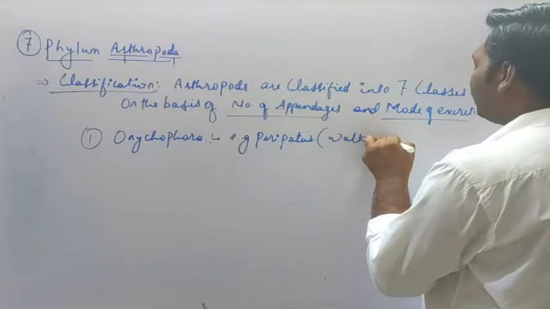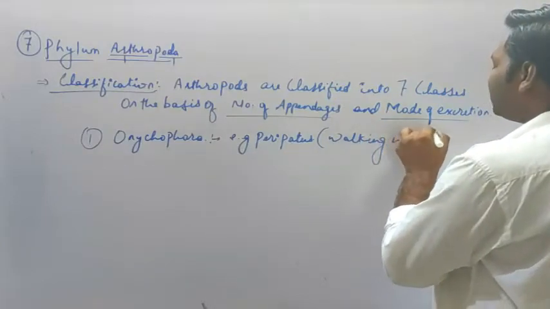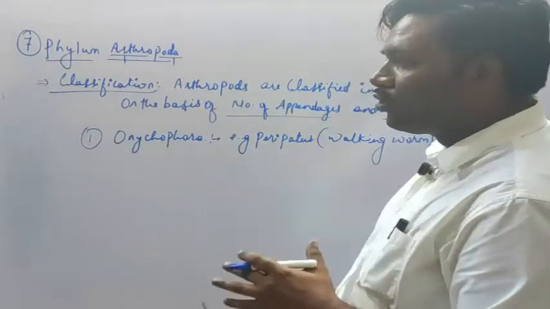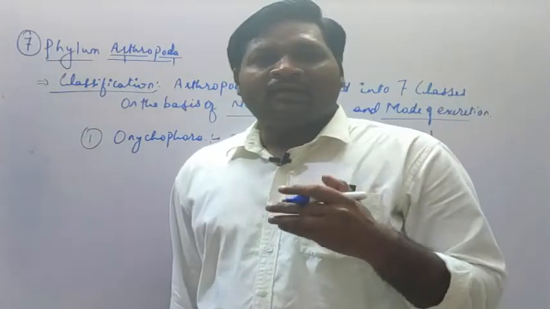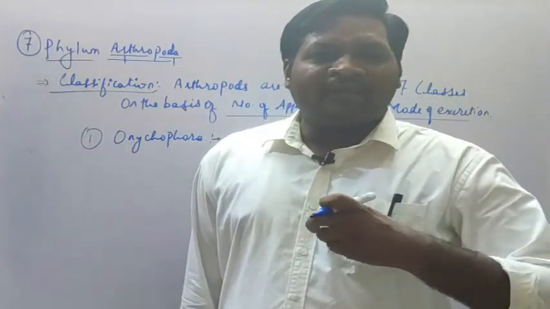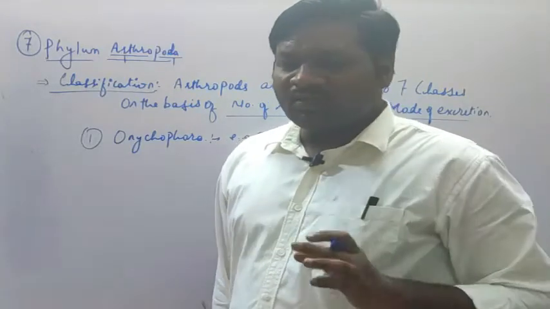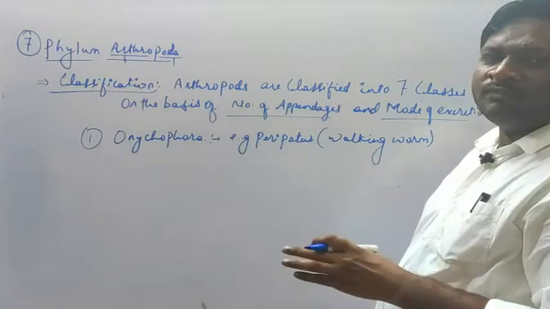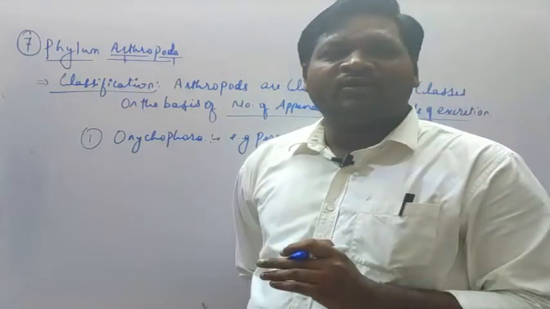This class, Onicophora, is basically the connecting link between two different phyla. So when we discuss Onicophora, we will come to know it has a connection between two different phyla.